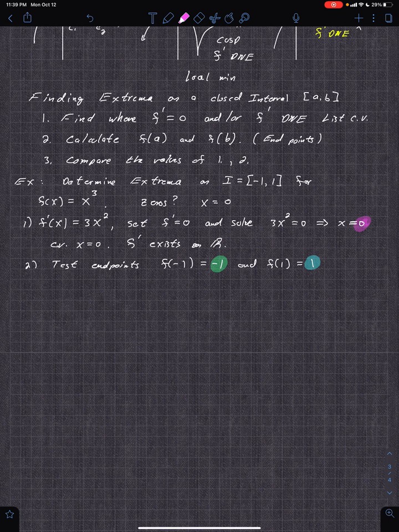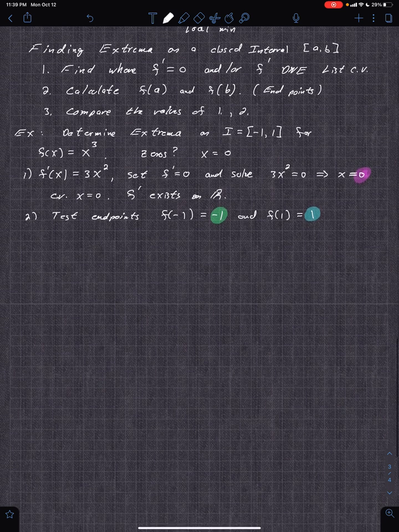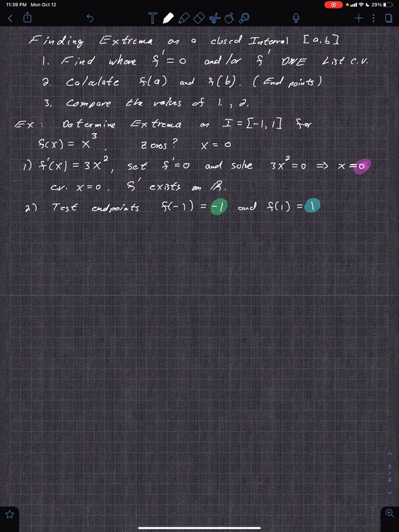All right, so when f prime is equal to 0, did that do anything? And you can see it doesn't. It's nothing. So we are just now comparing. I'll write it out. So f of -1 equals -1. That's the smallest, so that's absolute minimum. f of 0 is equal to 0.